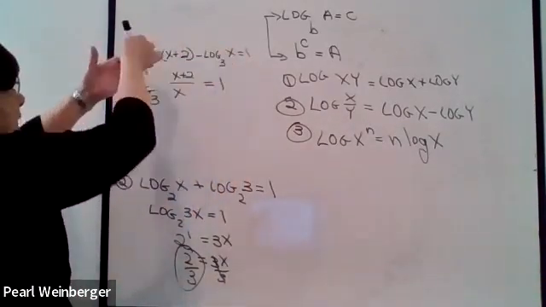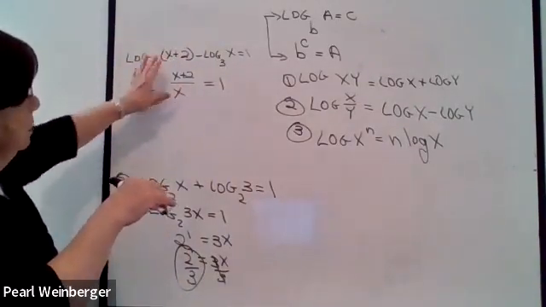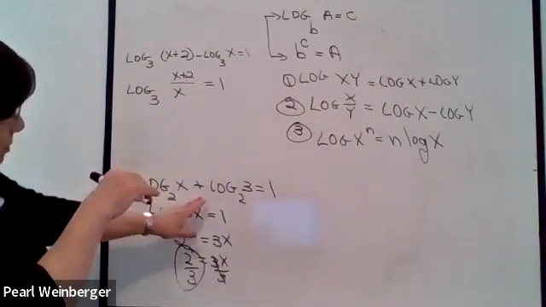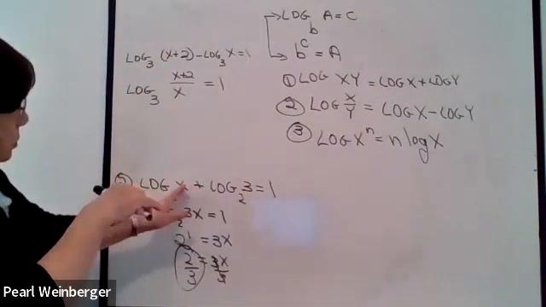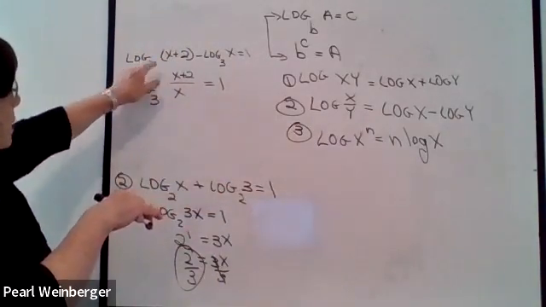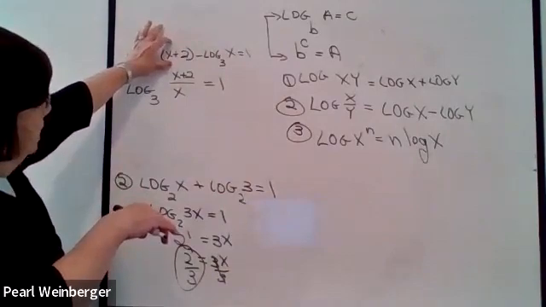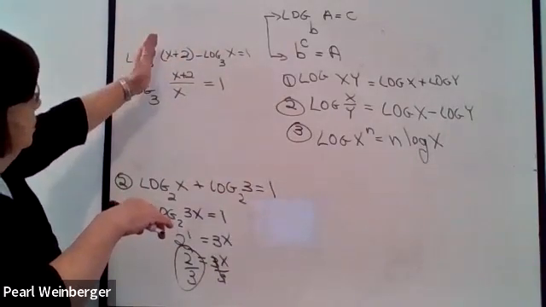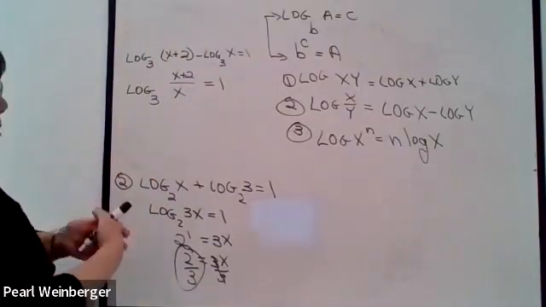We have contracted this log equation into a single log. Again, when there's adding, we multiply the 2 numbers. When we're subtracting, we divide the 2 expressions that are after the word log.